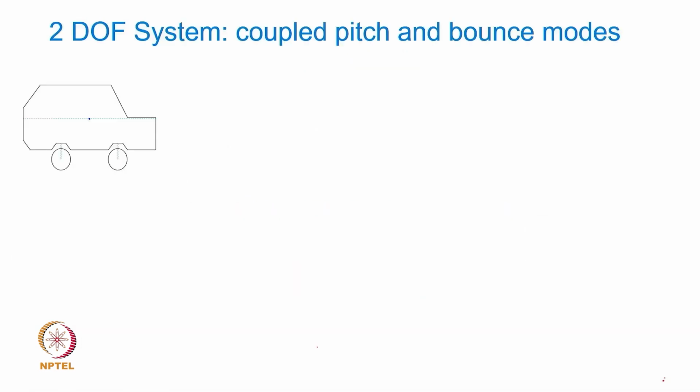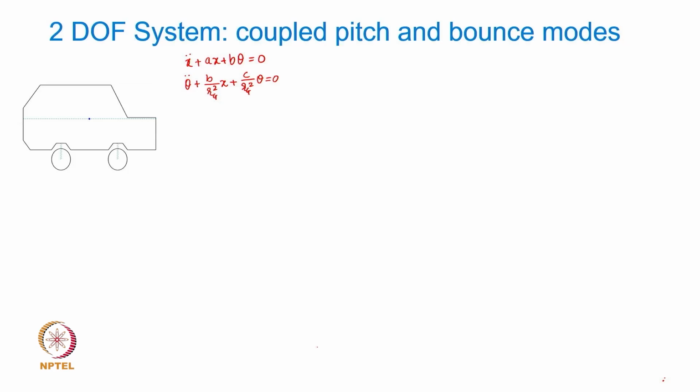Okay, so let us go back to what we were discussing here. Now we got the expression x double dot plus ax plus b into theta equal to 0, and theta double dot plus b by rg square x plus c over rg square theta equal to 0, isn't it?